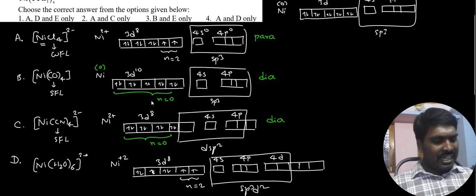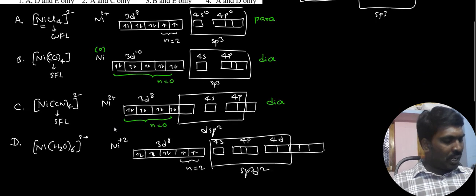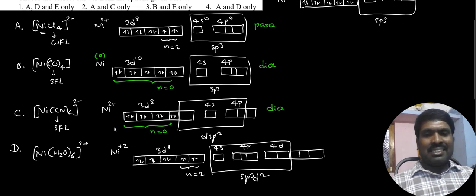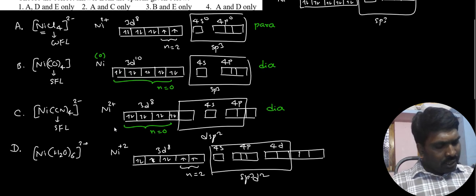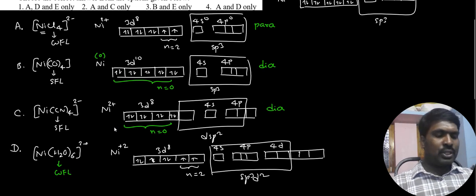Now coming to Ni(H2O)6 2 plus. There are 6 ligands around the nickel, so it is an octahedral complex. Of course, water is a weak field ligand. Nickel is in +2 state, so 2 electrons are lost from the s orbital, giving 3d8. Water is a weak field ligand, so electrons will not be paired, and 2 unpaired electrons are there.